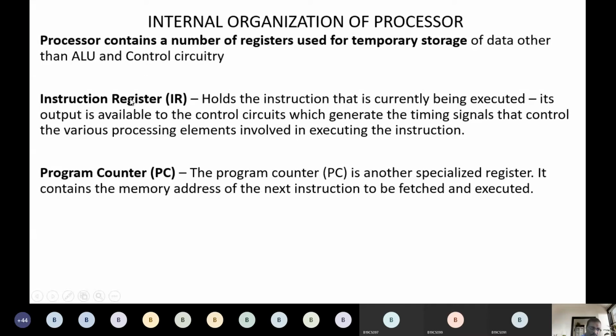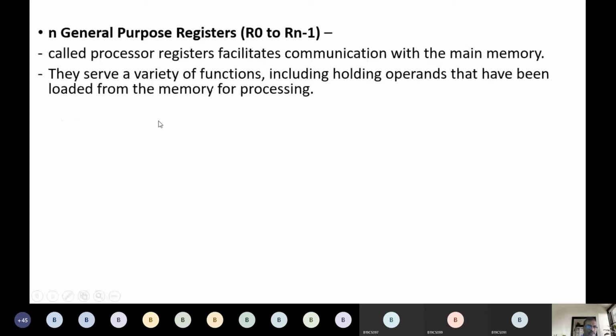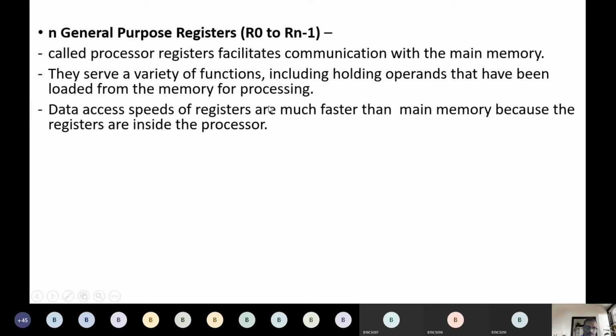So remember, if it is the instruction register, the instruction is loaded. And we have other general purpose registers, R0 to Rn-1. They can store only one word. One functionality is that operands, like the values of a and b, can be loaded into these general purpose registers.